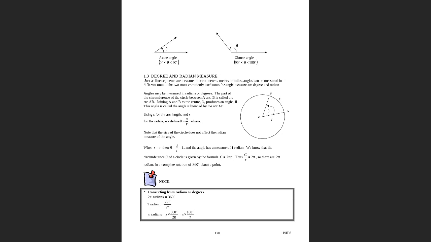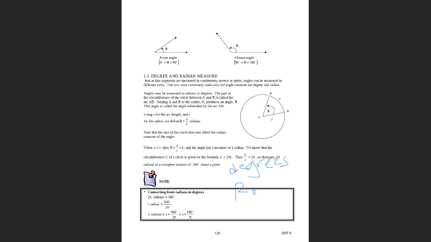And also, simply put, angles can be measured in degrees, and they can be measured in radians. But at your level, we don't use degrees a lot. We use radians. But once in a while, we are going to see degrees.